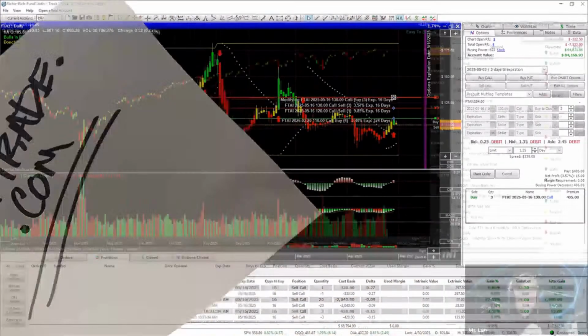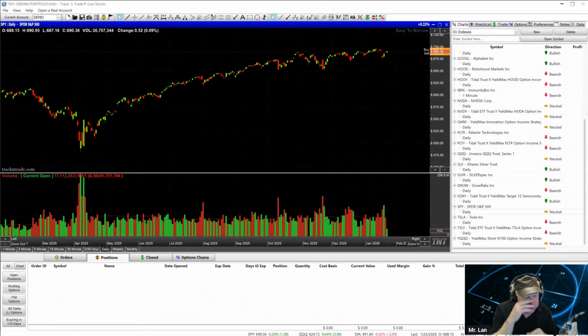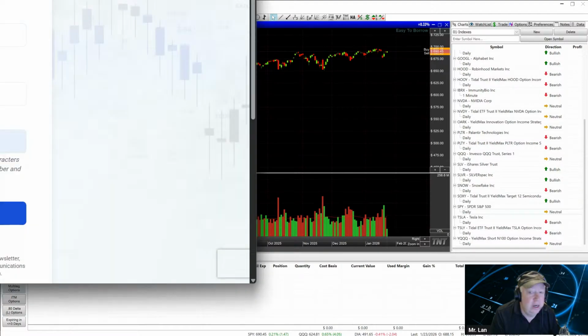The nice thing about trading with Track and Trade is it is your access to the brokerage firm. You're not using a charting application, and then over here you're having your brokerage access. You just do it all right through here. And to open your account, you come up here, you click this, you say open your account, and it brings you up to a little screen, which I'll pull over here onto the screen. And it's really easy.